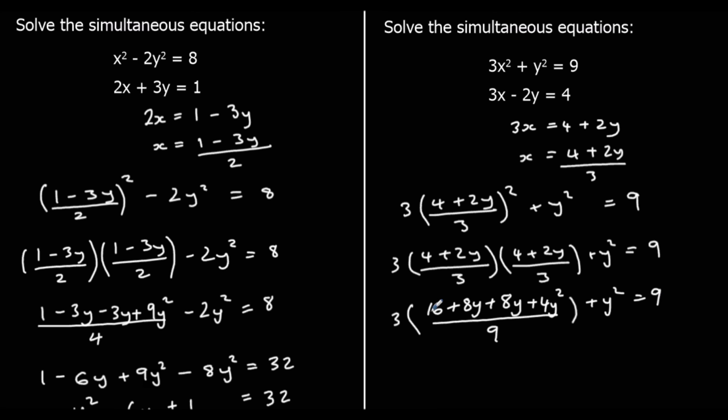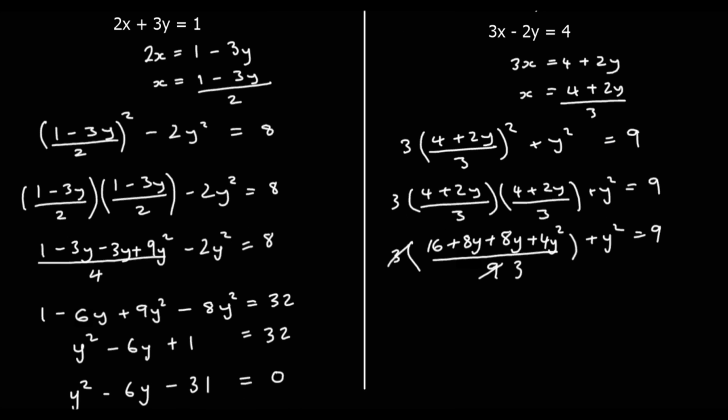Or we could even say this 9 and 3 can cancel, so it's over 3 instead. So timesing by 3 and dividing by 9 is the same as dividing by 3. So we have 16 plus 16y plus 4y squared over 3 plus y squared equals 9.